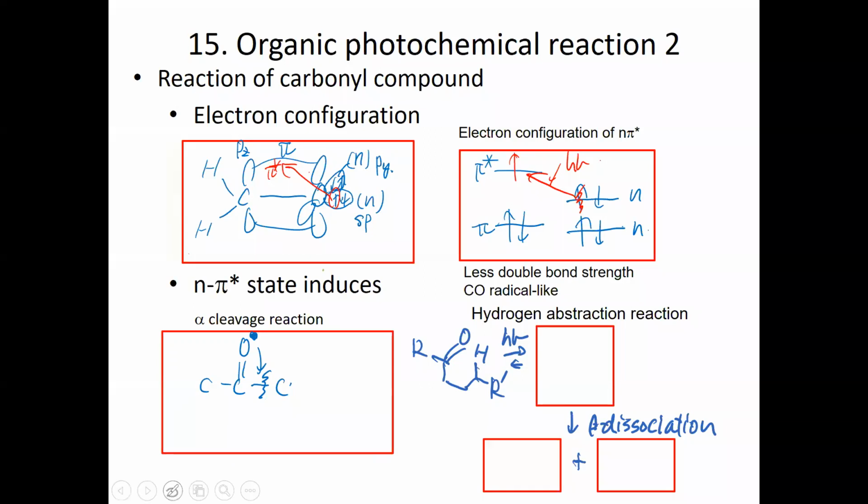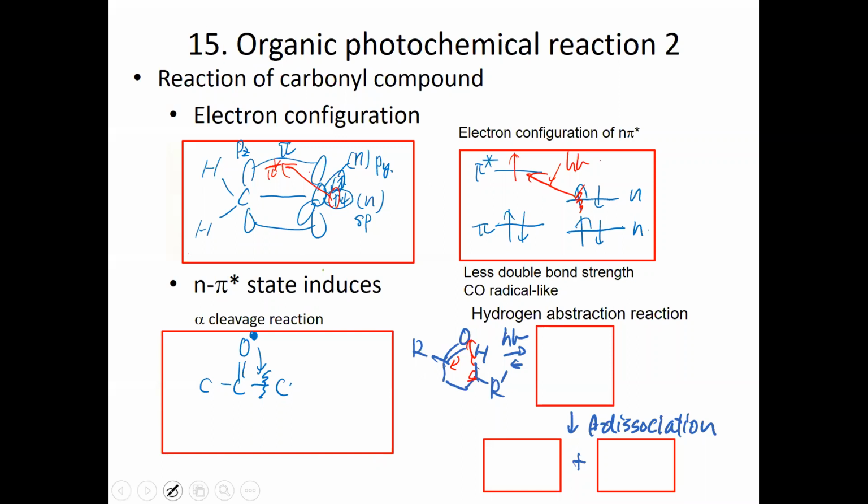So when it is excited, hydrogen is taken, because due to the excitation one of the oxygen-side electrons is excited, and this bond is broken like this.